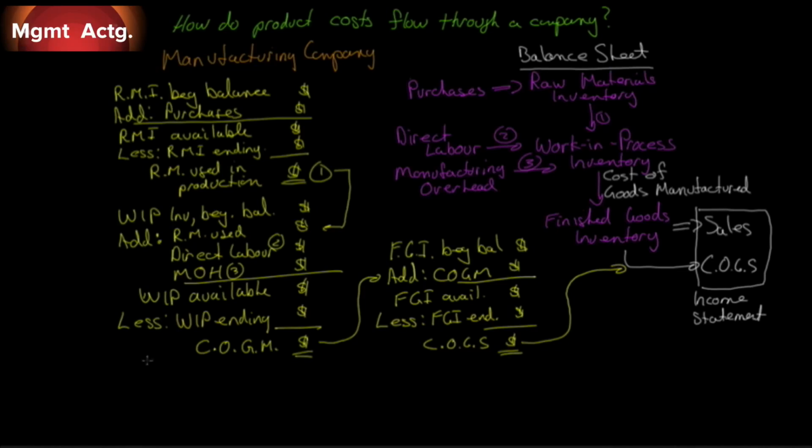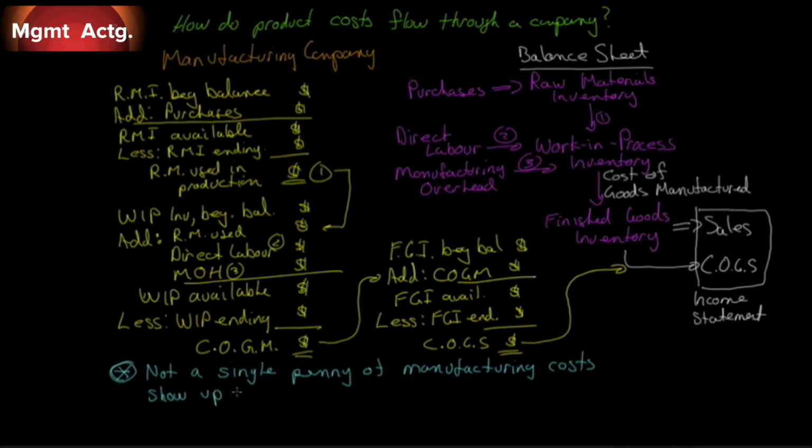Now I'm going to make a very critical point here that I want you to remember, because we're looking at product costs. Okay? When we're dealing with product costs in a manufacturing company, not a single penny of manufacturing costs, not a single penny of them, and remember the 3 manufacturing costs, materials, labor, and overhead, not a single penny of manufacturing costs shows up on the income statement.